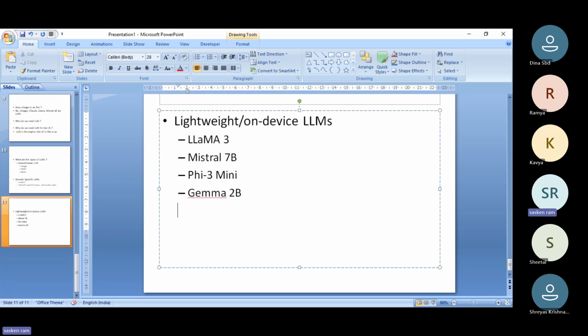These LLMs can run on your laptops, guys. You don't need an expensive server. Laptops or mobile phones, these things can run. They're extremely fast and private also.